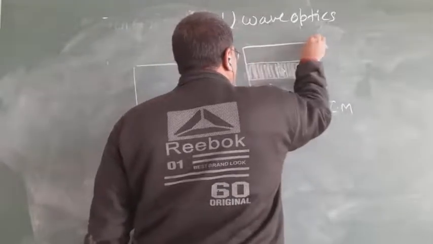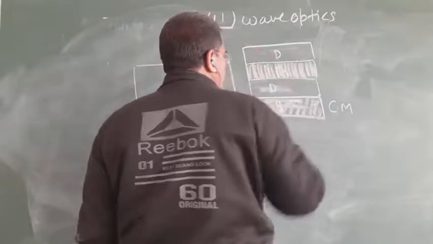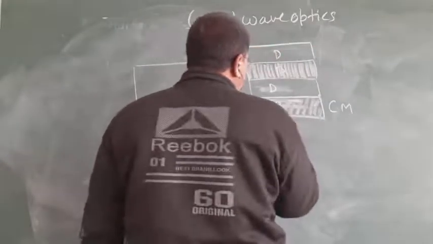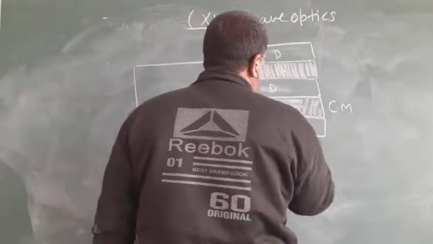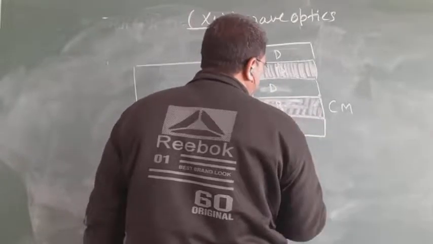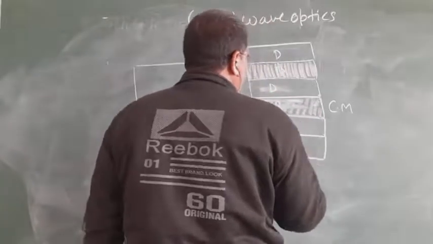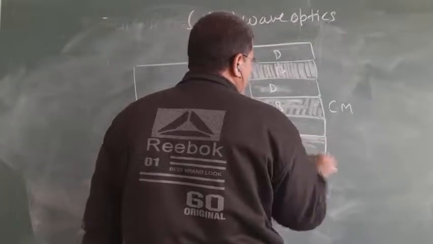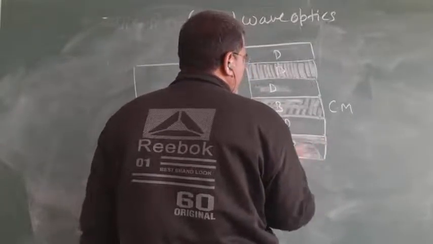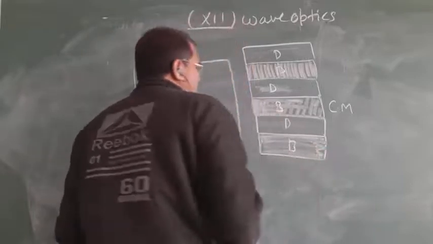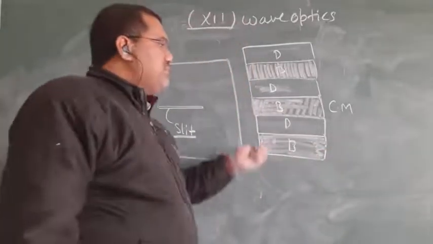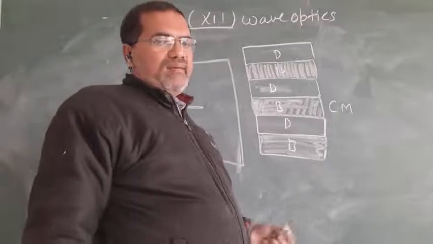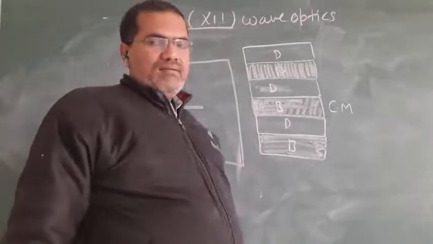Similarly, again dark fringe here on both the sides. Here dark fringe, again bright fringe. These patterns are seen on the screen in YDSE.